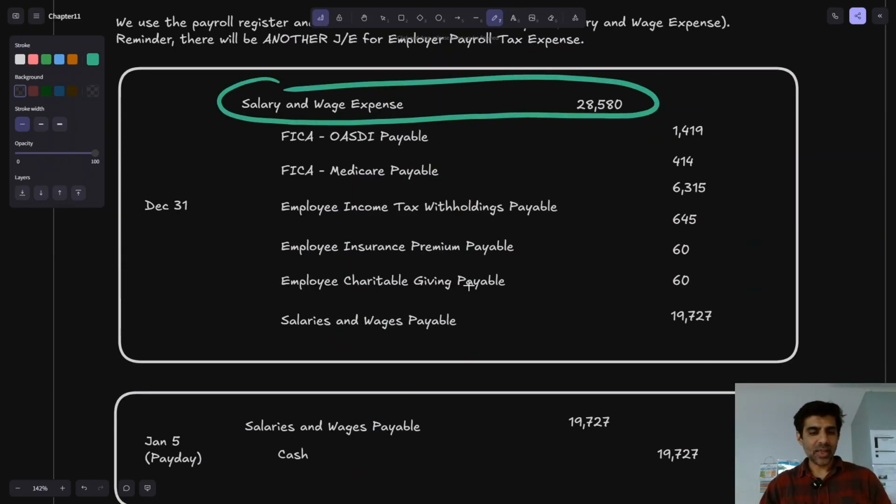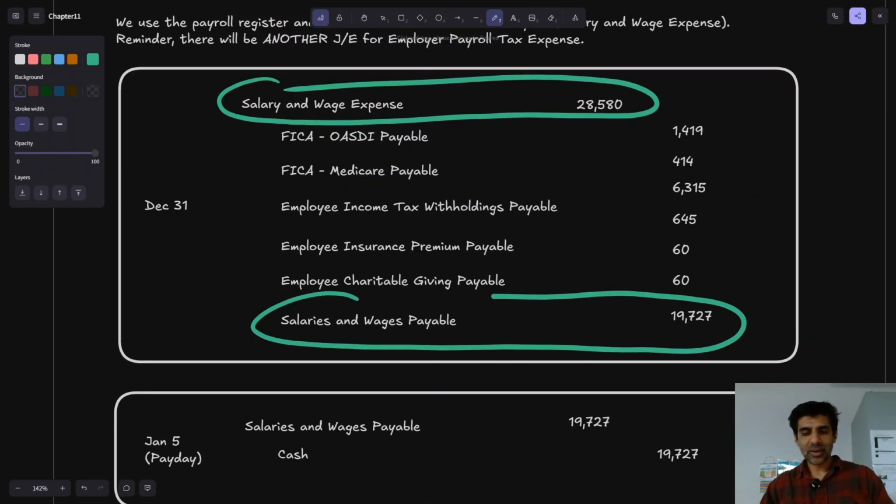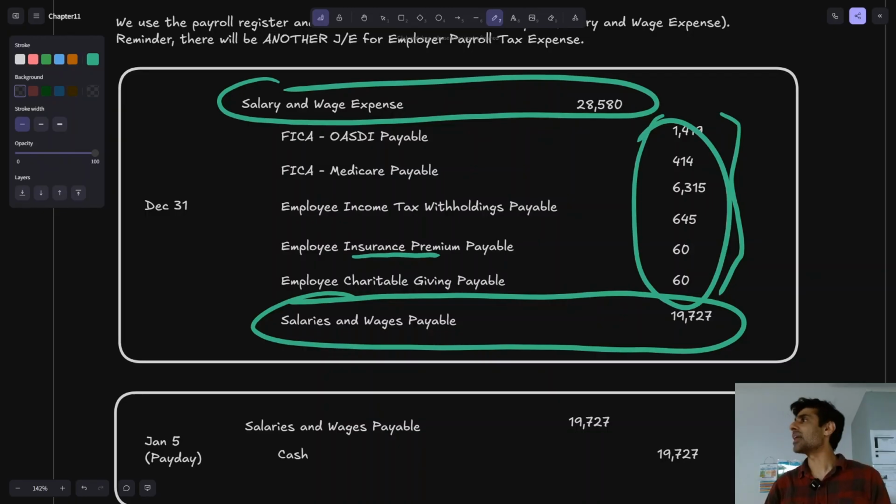You can see that the salary and wages payable is also $19,727. All this other stuff are liabilities that the employer is going to pay to the government or insurance premium to Kaiser or whoever. It's all money that's going to go to third parties, not the employee. But the total of it is still an expense to the employer.